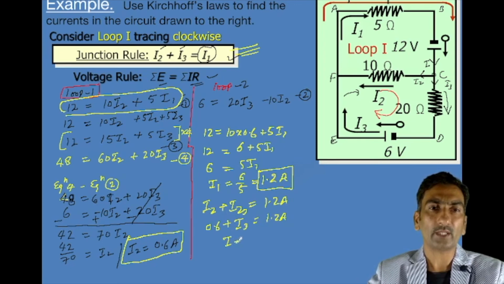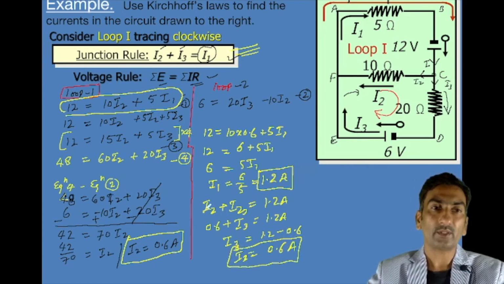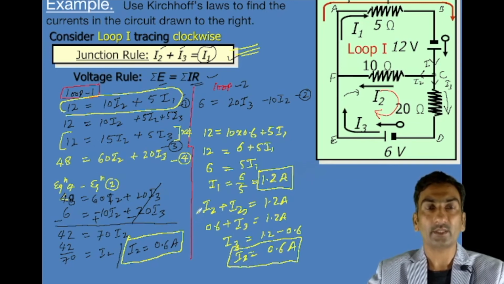Now I3 you can calculate easily here. 1.2 minus 0.6, so you will get 0.6 ampere. So I3 is also 0.6 ampere. Now these are the values which we got by using these laws, right?